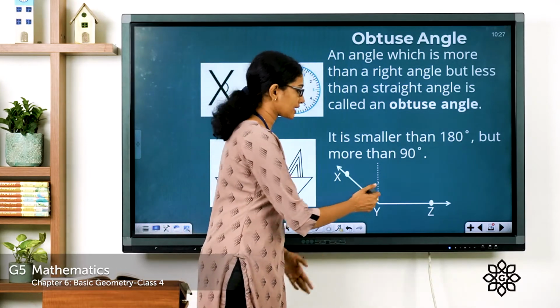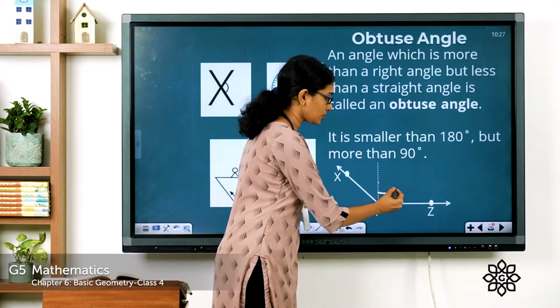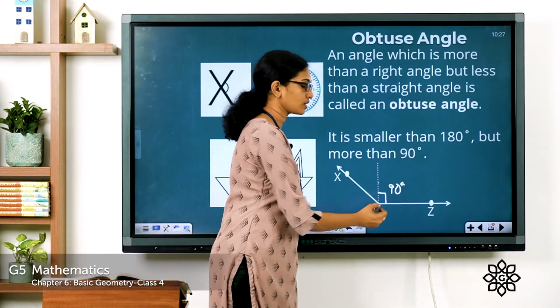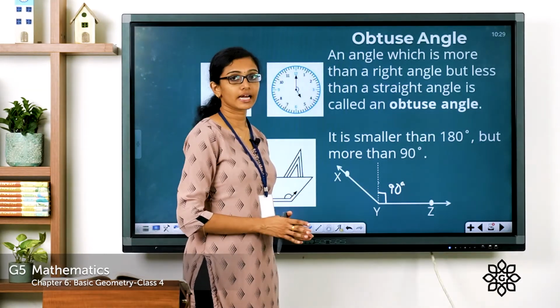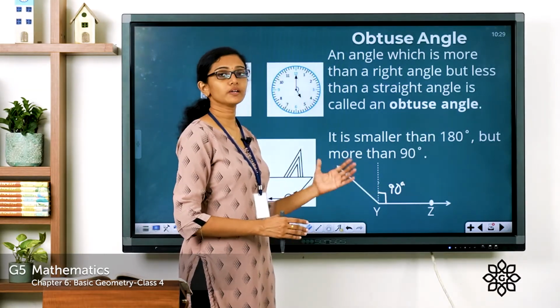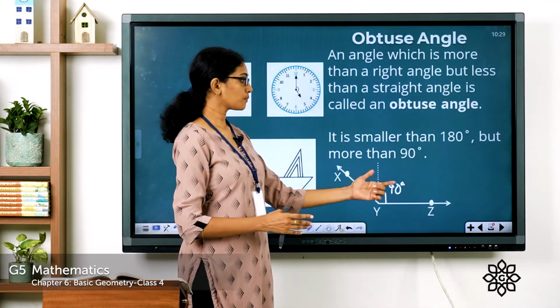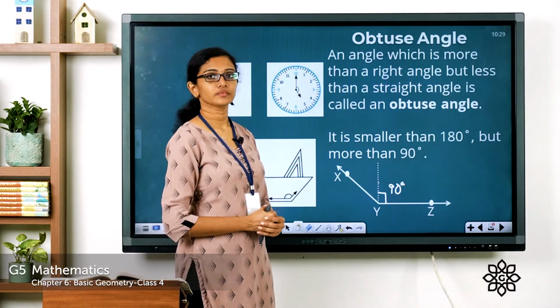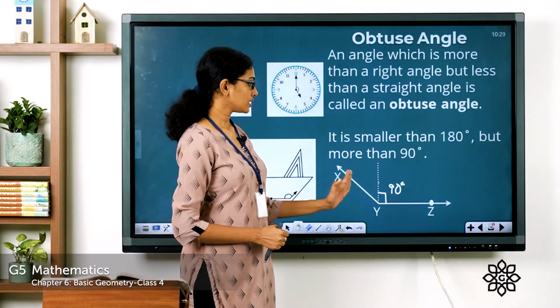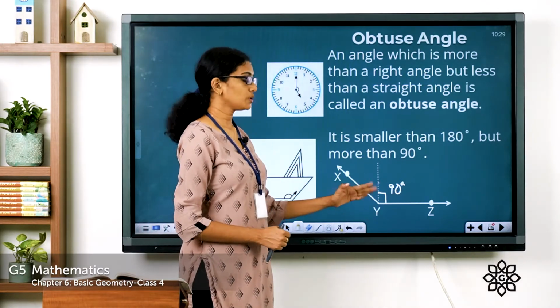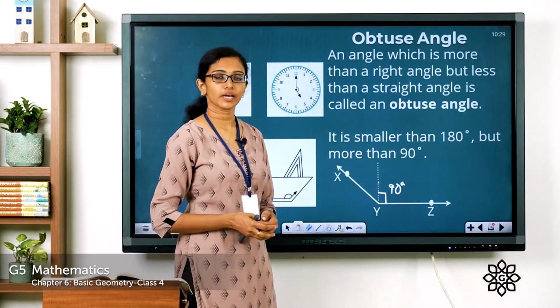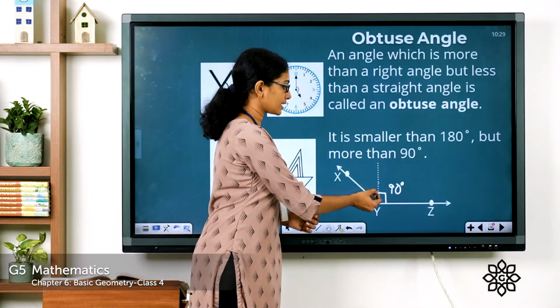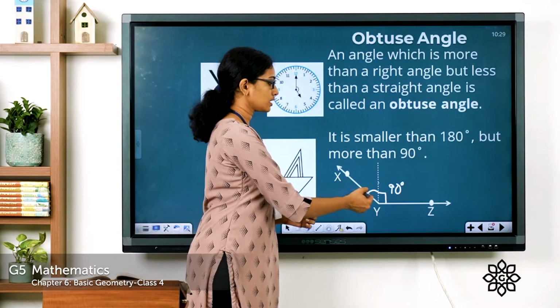Now what would be the angle between these two lines? It would be 90 degree. So it had reached the 90 degree mark and it has gone beyond 90 degree. It moved more than 90 degree around. So the angle between these two arms would be more than 90 degree, right? It would be this 90 degree plus the angle here.